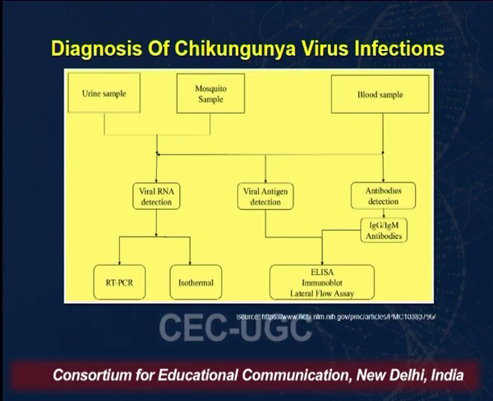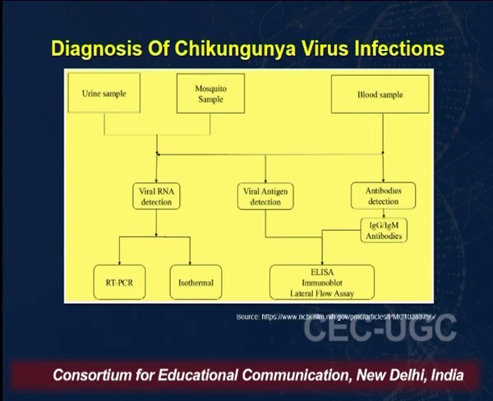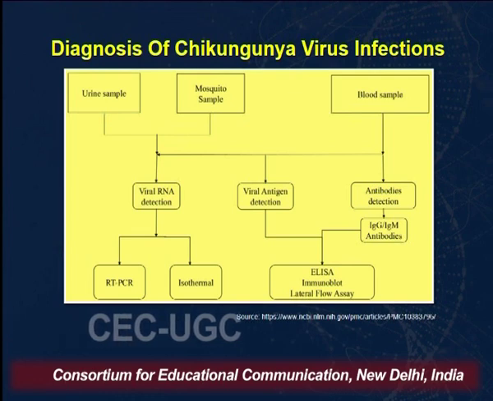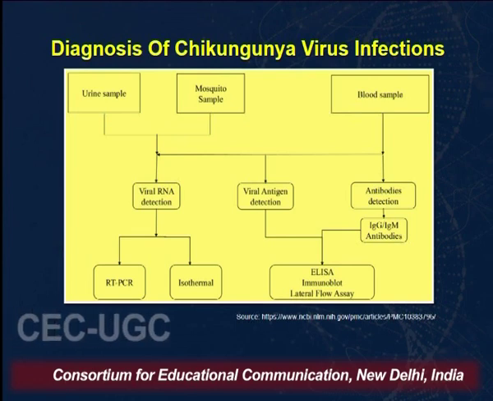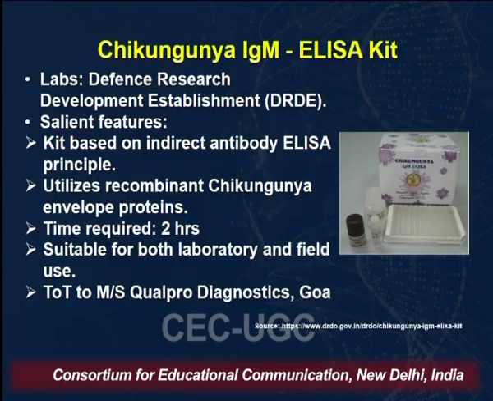Then the antibody detection method includes the serological methods, IgM or IgG antibody detection, and this gives an indirect indication that the person might be suffering from chikungunya virus infection. That's why the antibody titers are very high in these particular patients.